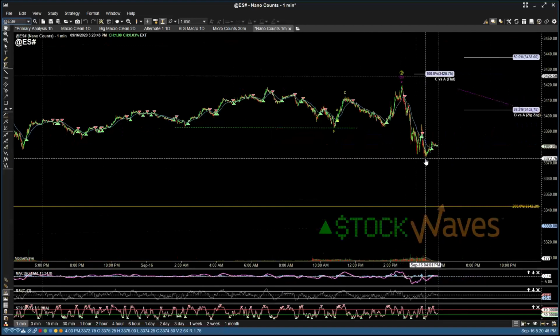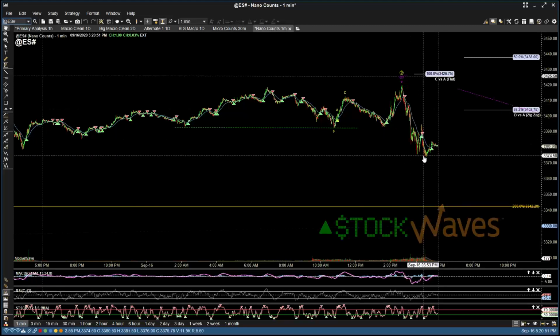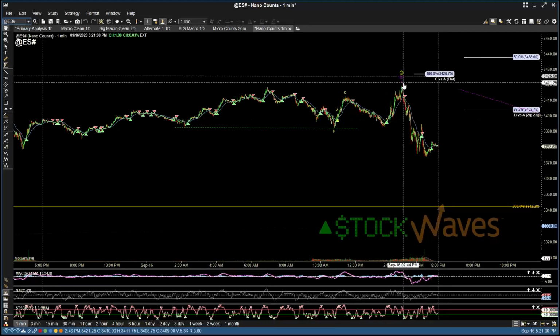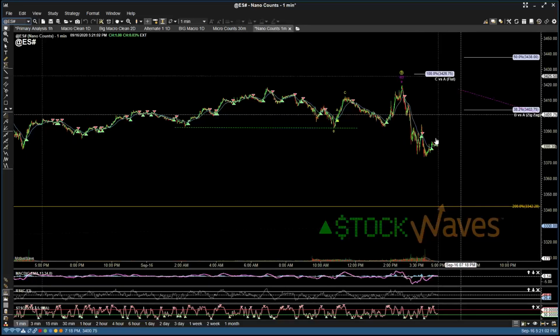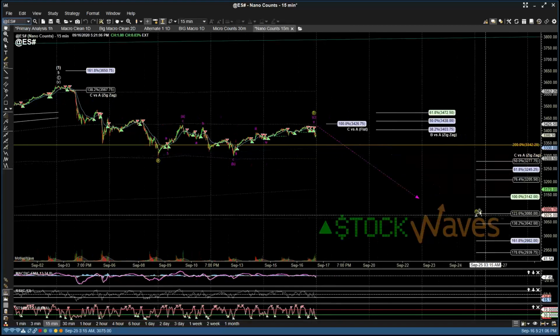Well, actually, we got a fifth down here into the 355 close. So you could count this as 1, 2, 3, 4, and 5 waves down. A corrective bounce this evening back up towards the 3400 region would be a pretty normal Fibonacci retrace as the first 1, 2 inside our C wave down.